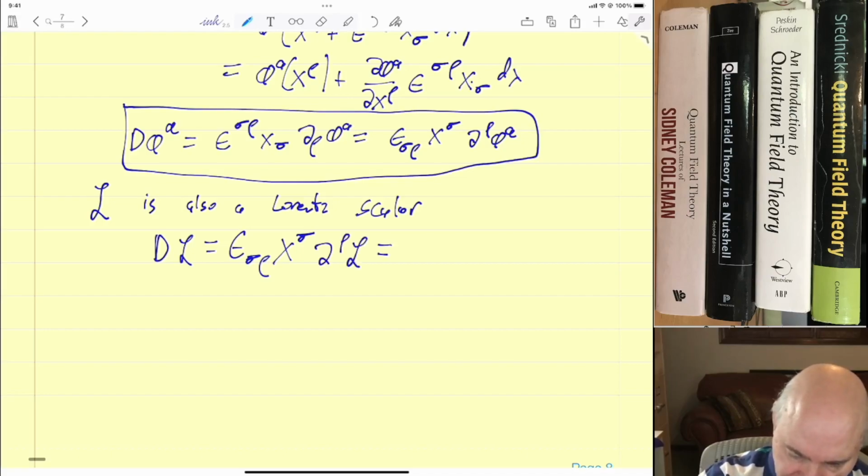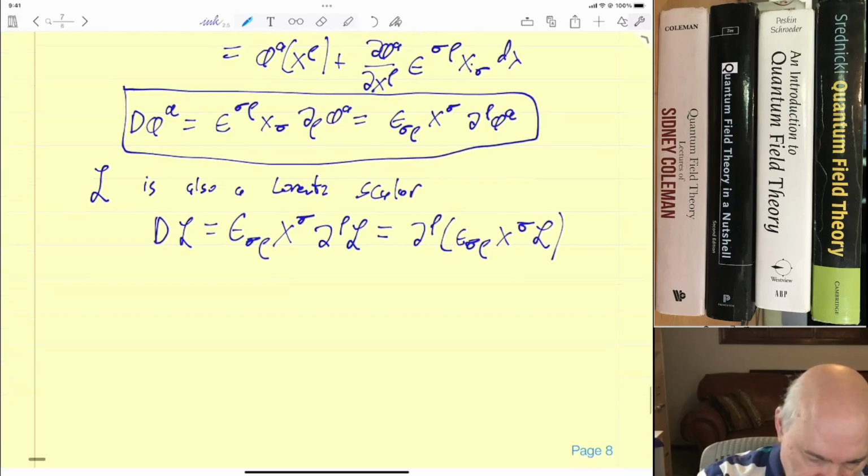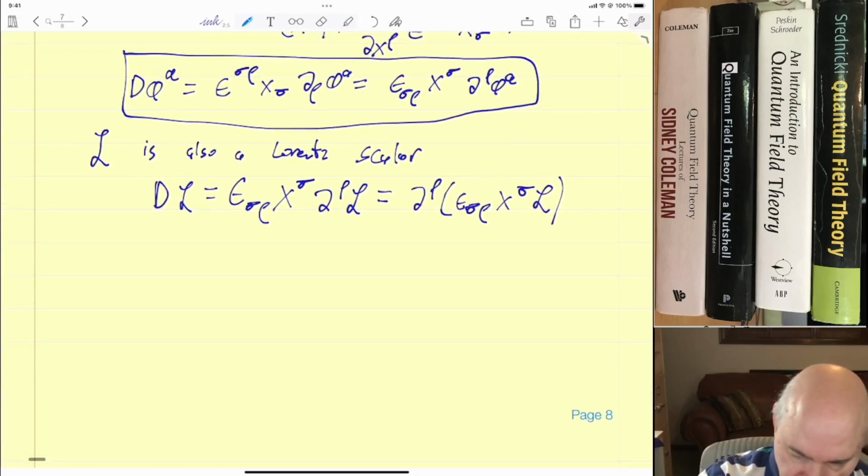And we can rewrite this, because epsilon is a constant, as, and now I can rewrite this even more, doing some index gymnastics.